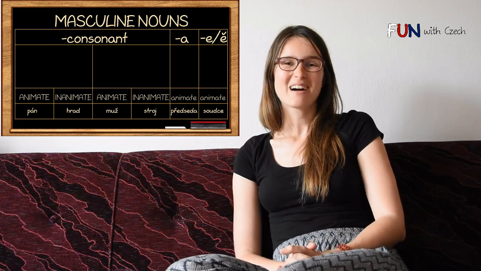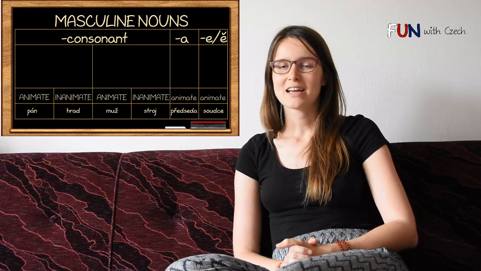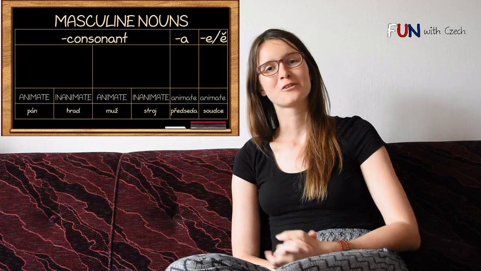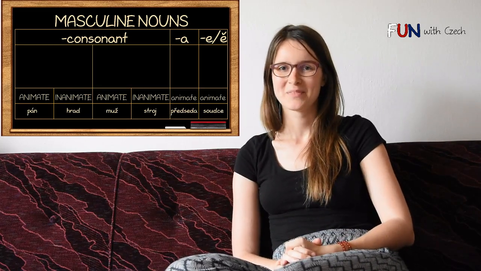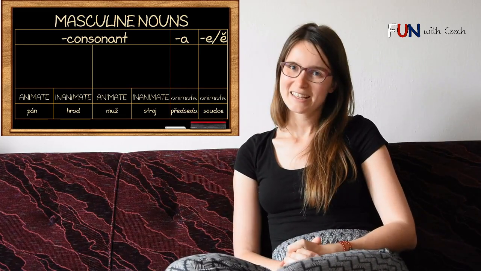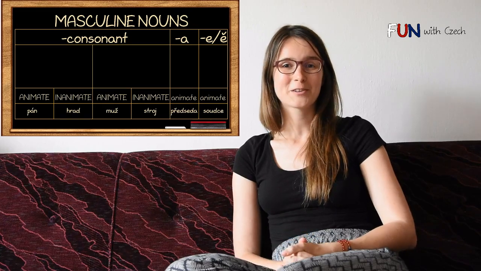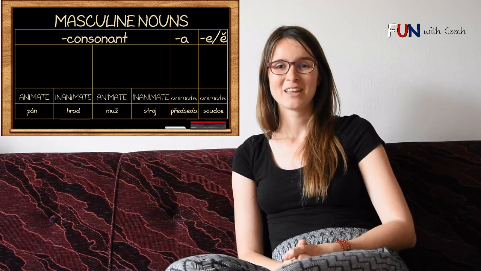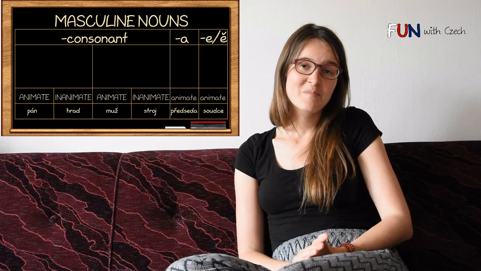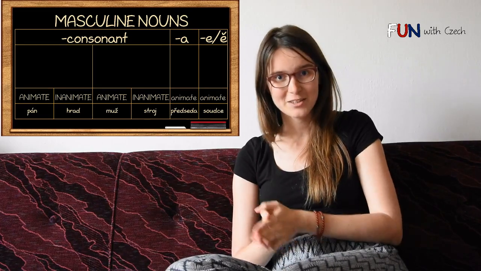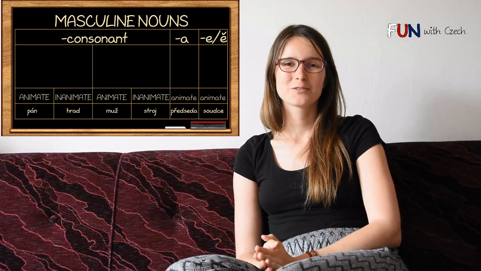And some of them are like ambiguous. They cannot decide whether they are hard or soft, so they are something in between. And when deciding which pattern we are gonna use with the Czech animate or inanimate masculine nouns, we have to.